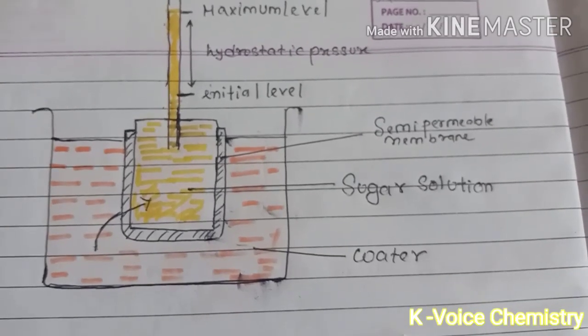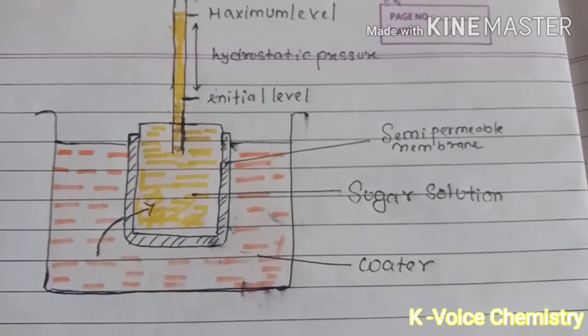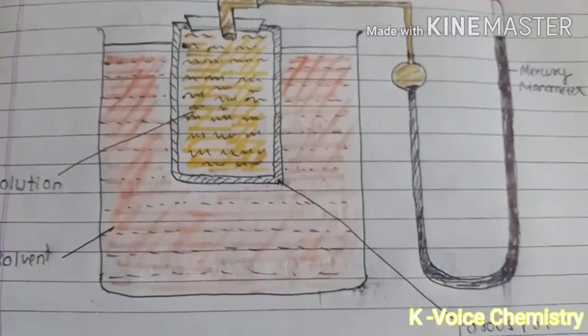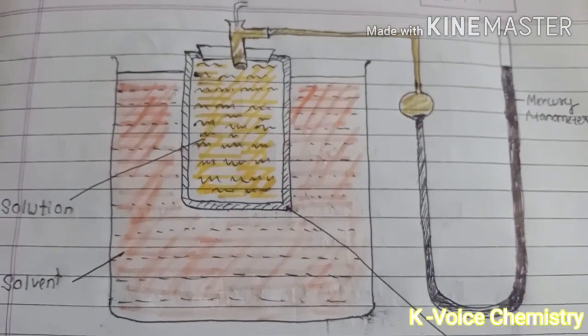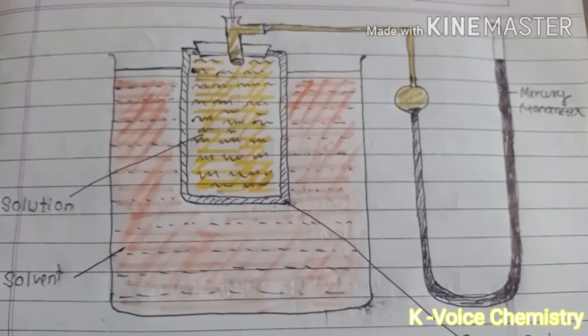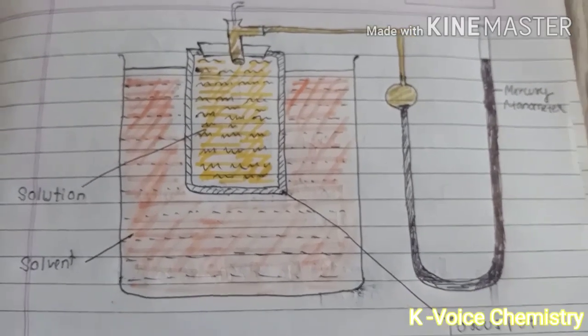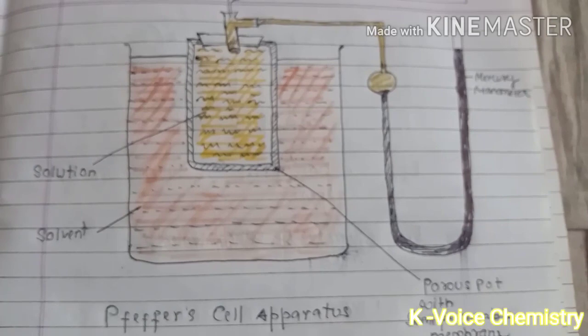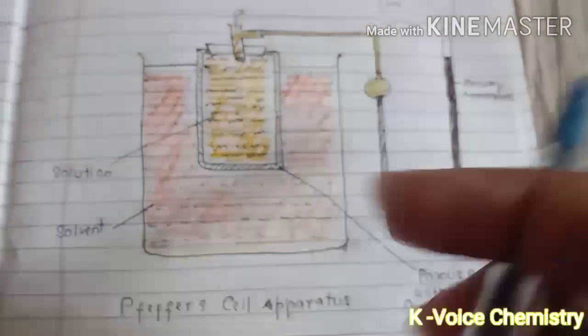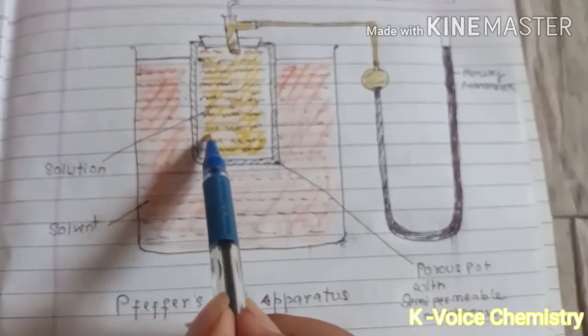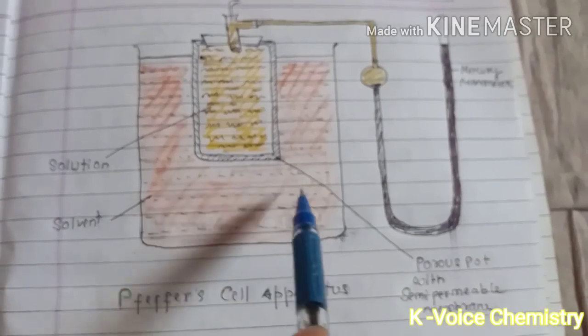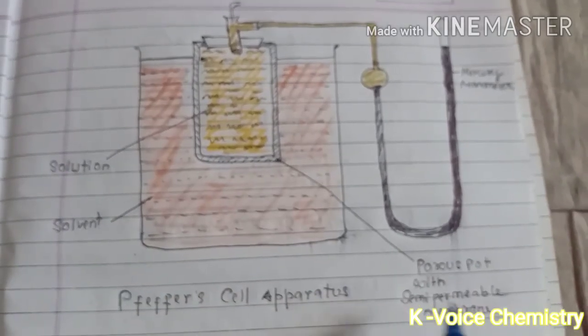Now let us see Pfeffer's apparatus. As you are seeing here, this is the Pfeffer's cell apparatus. Here we can see a solution filled inside the porous pot with a semi-permeable membrane.